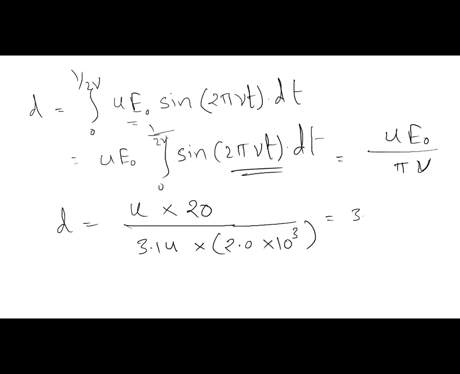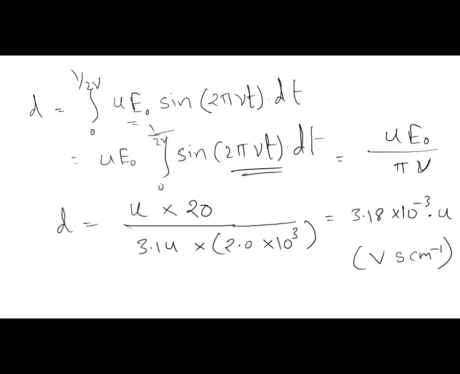If you calculate this, you end up getting 3.18 times 10 power negative 3 times u, and the units for this one are volt second per centimeter.